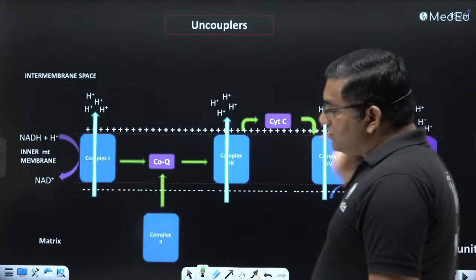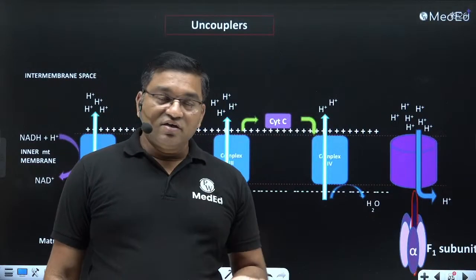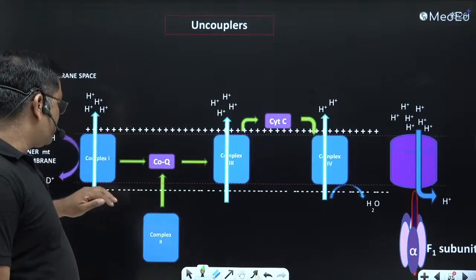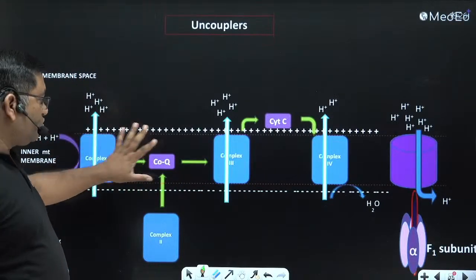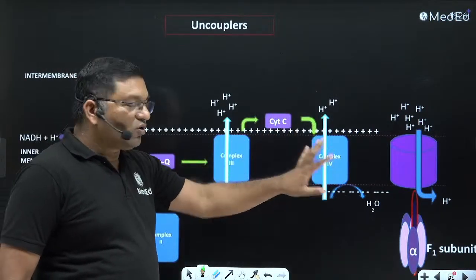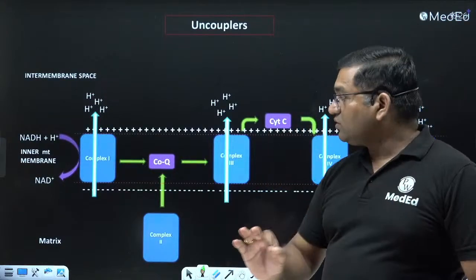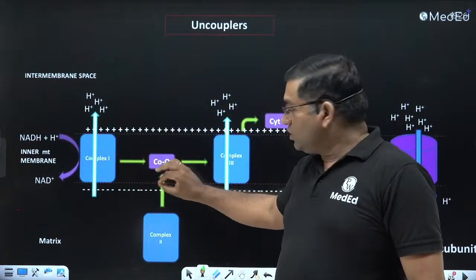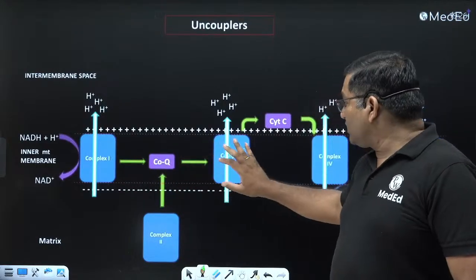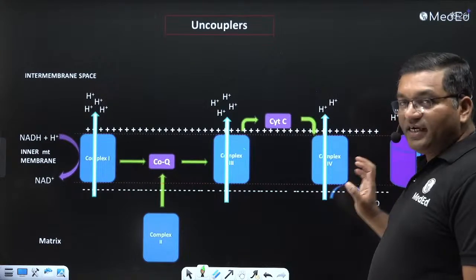Now, there are a lot of questions on uncouplers, inhibitors of the electron transport chain, oxidative phosphorylation, and uncouplers. So remember this. When there is pumping of protons, electron flow occurs from complex 1 to coenzyme Q, then to complex 3, then cytochrome C, and then complex 4, and then ATP synthesis occurs.